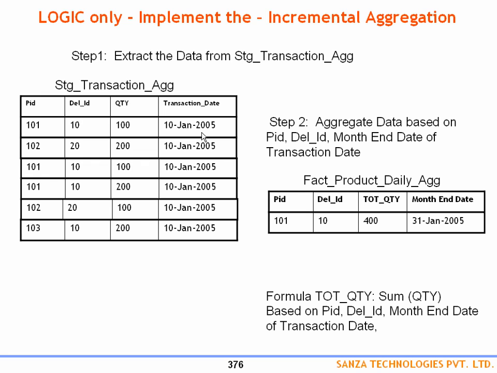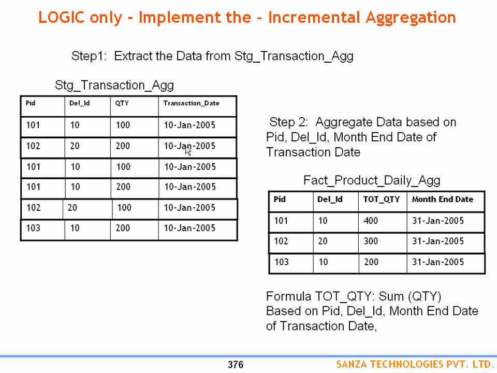So 31st January, I aggregate: 10th January I say as 31 January 2005. 10110, 100, 10th 2, I convert to 31st January, 110, 200, so 400. Then the next record 102, 20, 200, 102, 20, 100, 300. Cumulative for 31st January 2005.